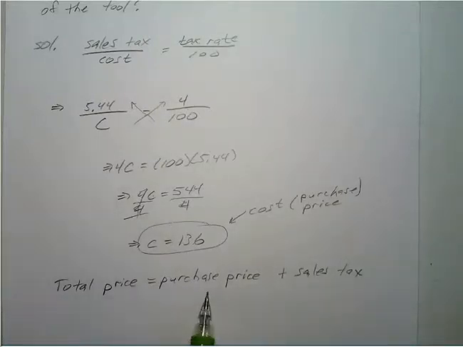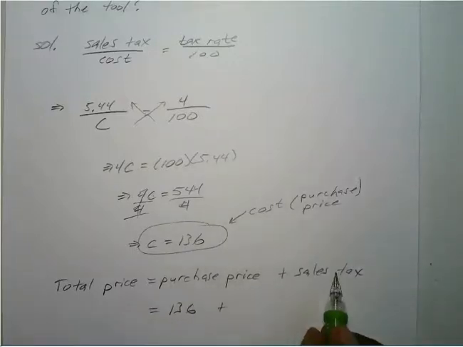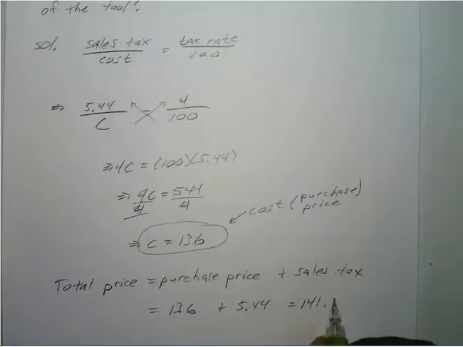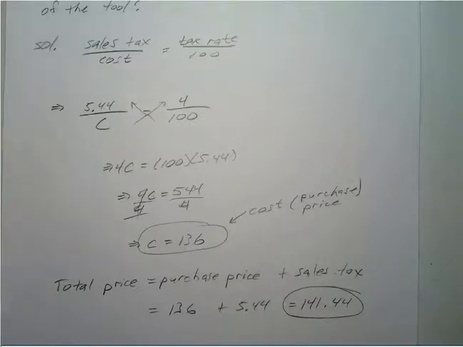So our purchase price, or our cost, is 136, plus the sales tax, which is $5.44. If we add those together, we get $141.44 for our total price, tax and everything.